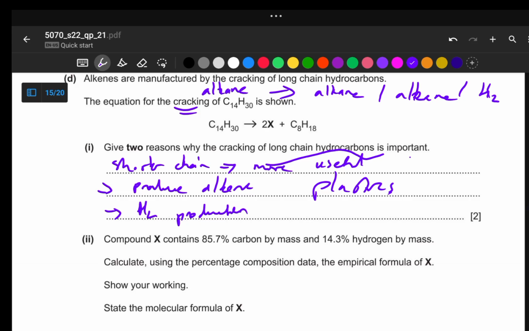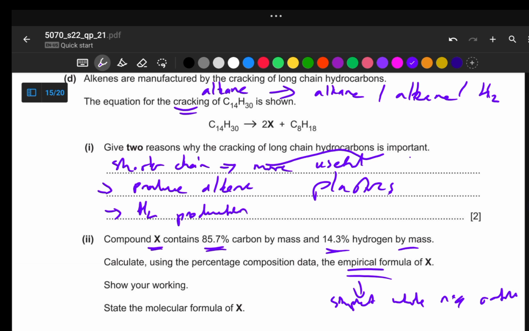And we are now moving on to the next part, which says compound X contains 85.7% carbon by mass and 14.3% hydrogen by mass. So using this percentage, calculate the empirical formula. Empirical formula is defined as the simplest whole number ratio of atoms present in a compound.